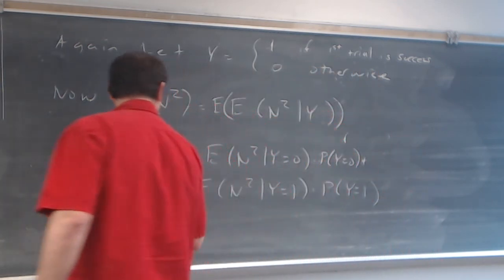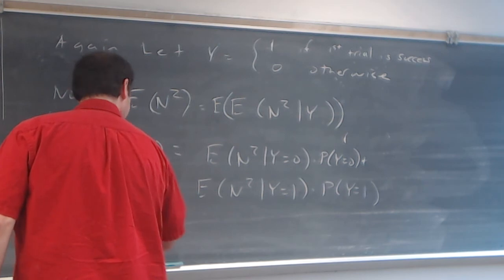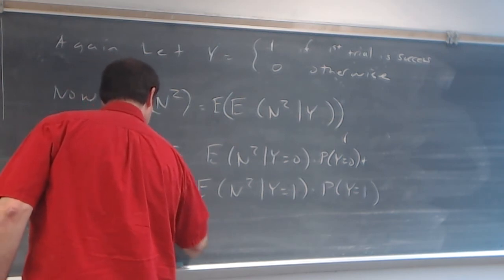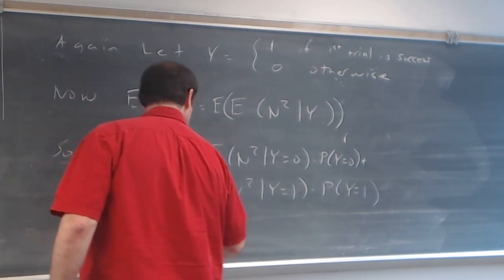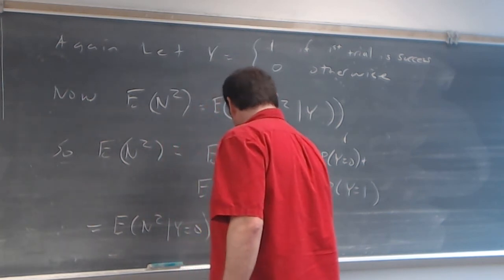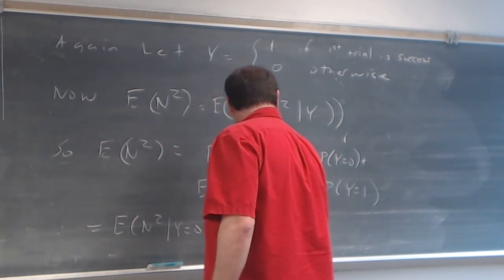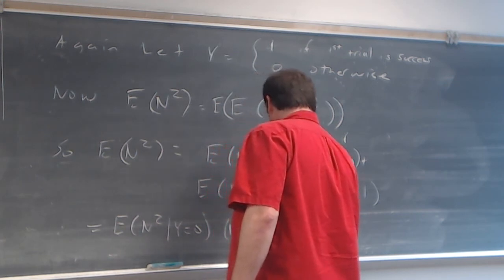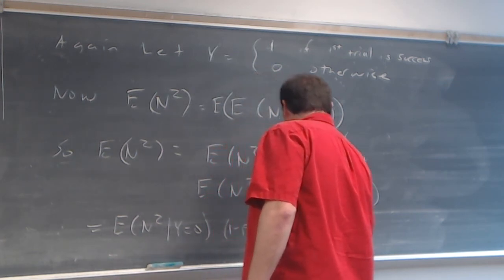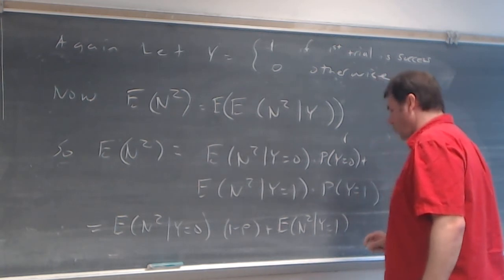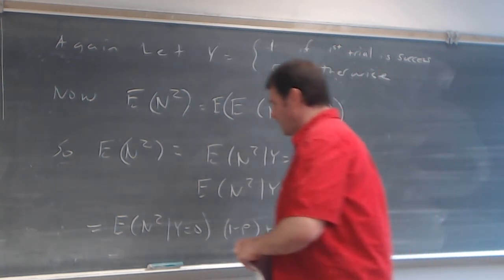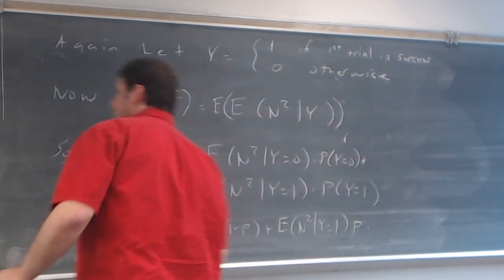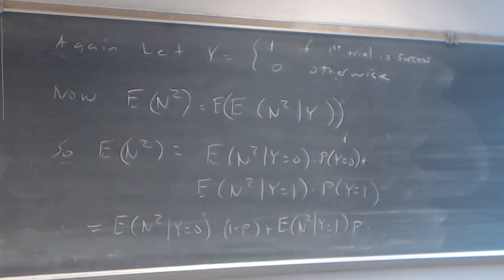And that's going to be equal to the expected value of n squared given y equal to 0 times the probability that y is equal to 0, which is 1 minus p, plus the expected value of n squared given y equal to 1. The probability of 1 is p. So we need to be worried about these conditional expected values.